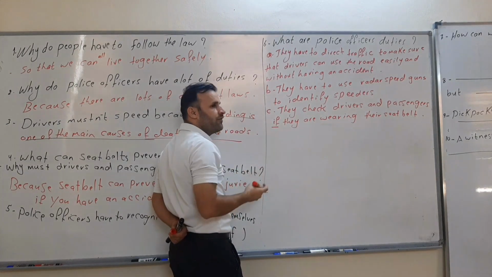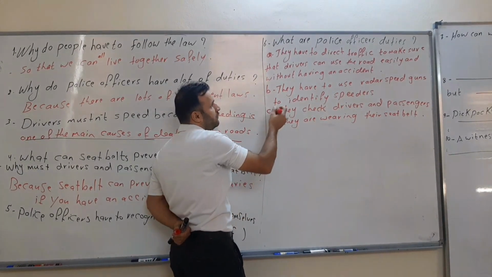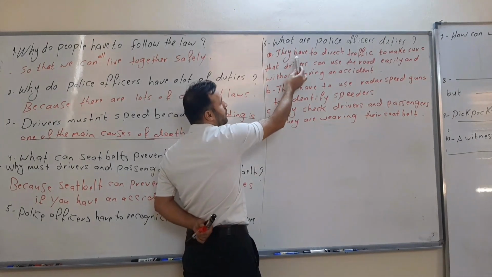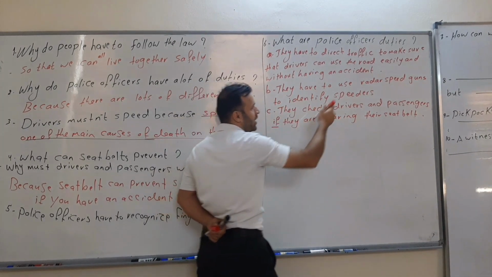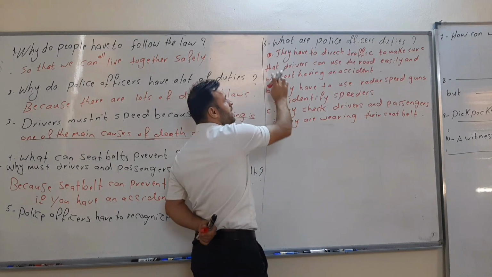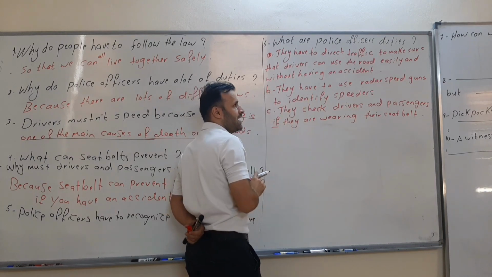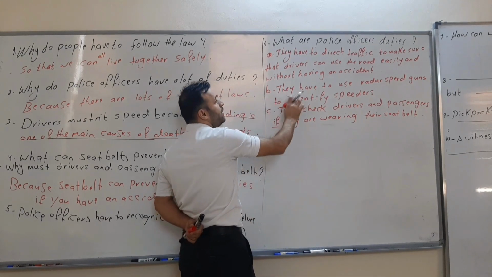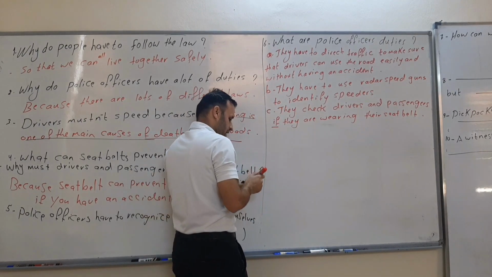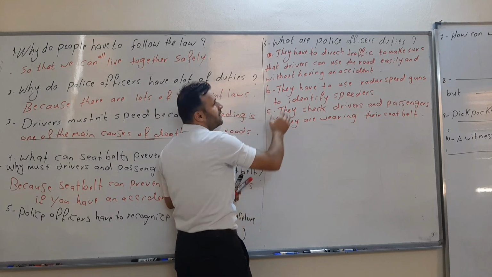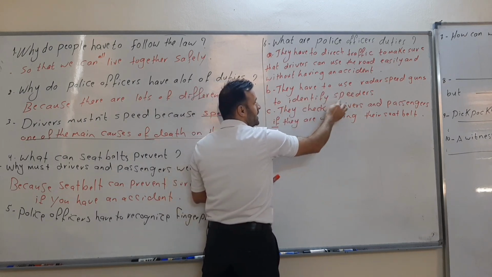Maybe in the final exam, one of the questions was, why do police have to direct the traffic? To make sure that the drivers can use the road easily and without having an accident. Again, they have to use radar speed guns. Why? Now we have to mention why: to identify the speeders.